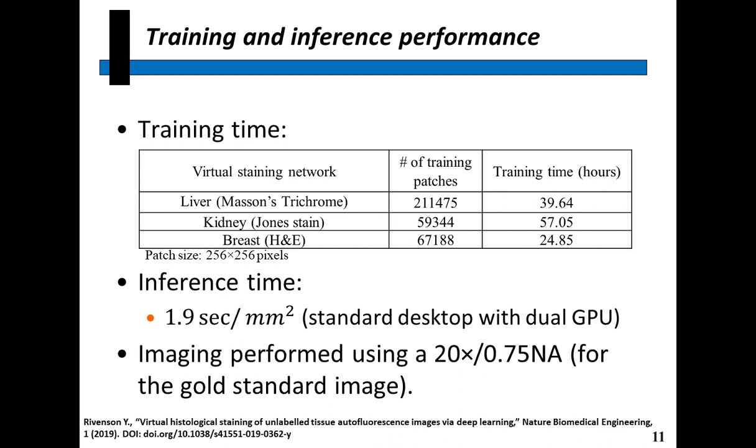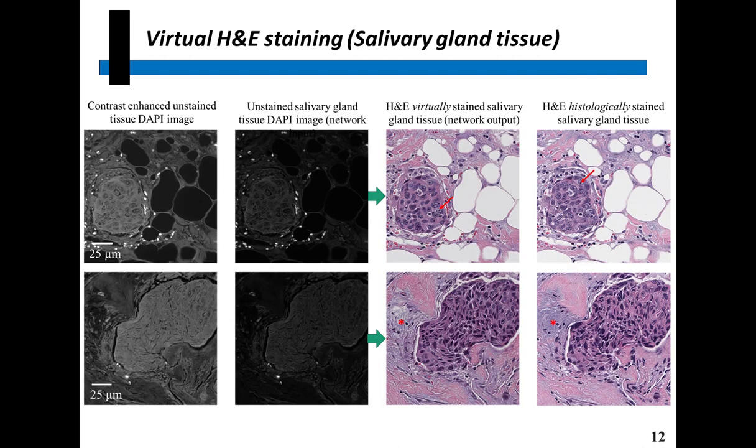Once this thing is trained, it can output an image at about the times that we calculate is about 1.9 seconds per millimeter square, which stands in line with the scanning speed of traditional microscopes, or even faster slide scanning microscopes.